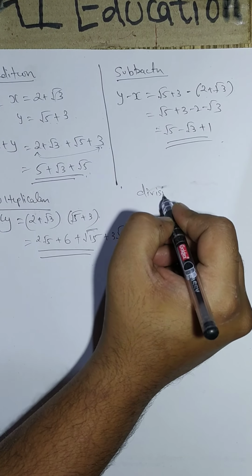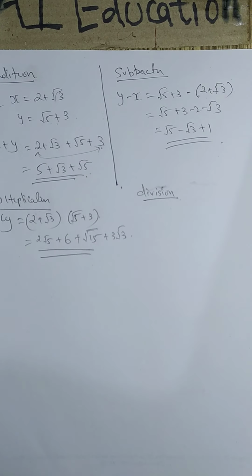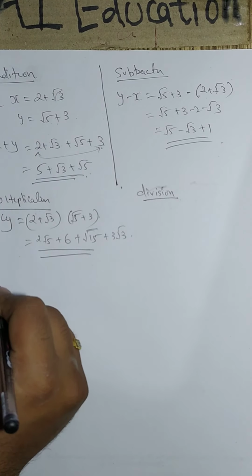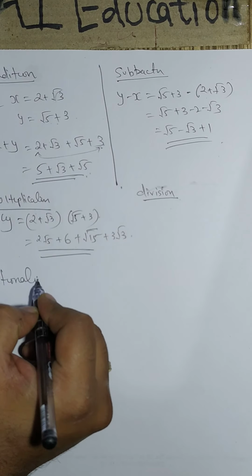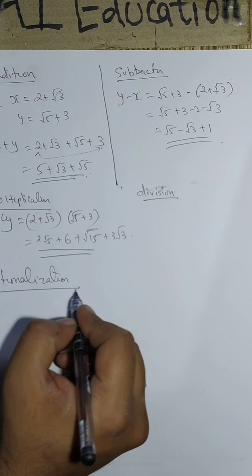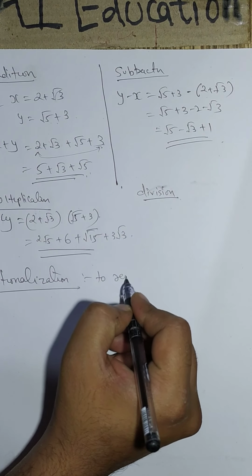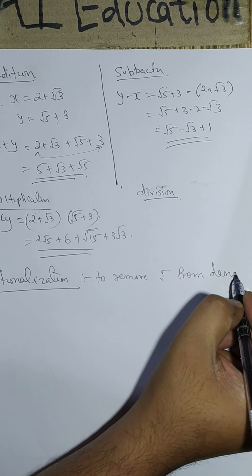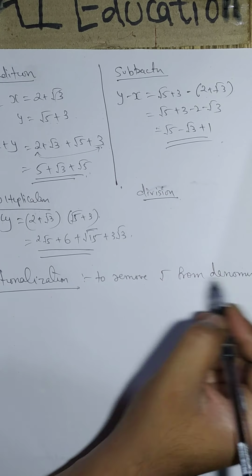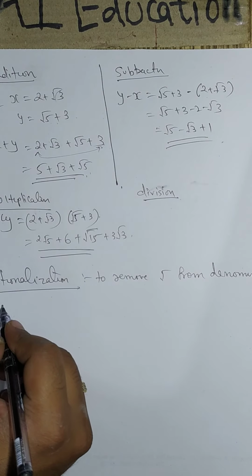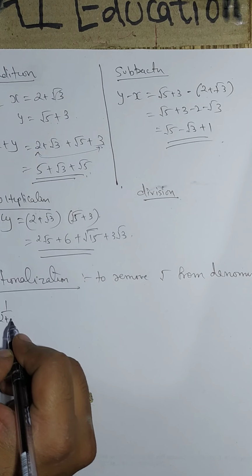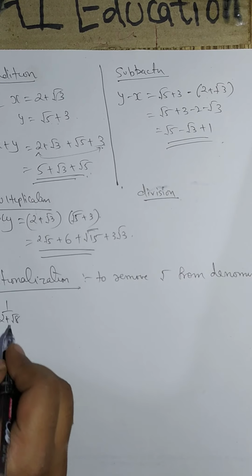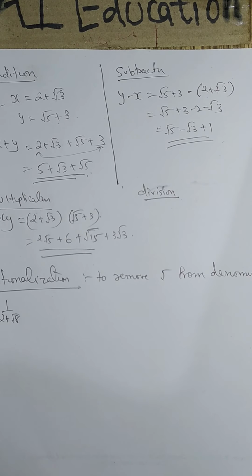Before we learn division, let us see one more thing which is called rationalization. Rationalization simply means removing any square root terms from the denominator. Let's say you have 1 upon 2 plus root 8. How will you convert this fraction into rational form?